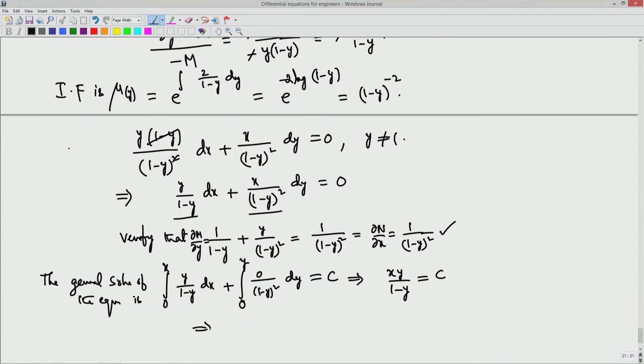This implies you can get your y. So, x y plus c y equal to c, which implies y equal to c divided by c plus x. This is your general solution of the given equation.